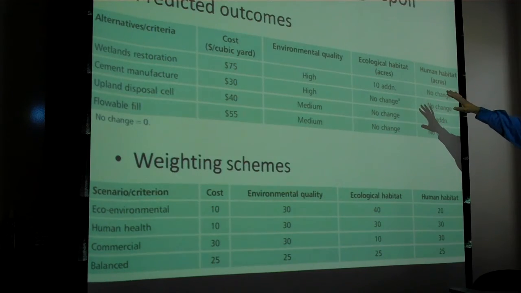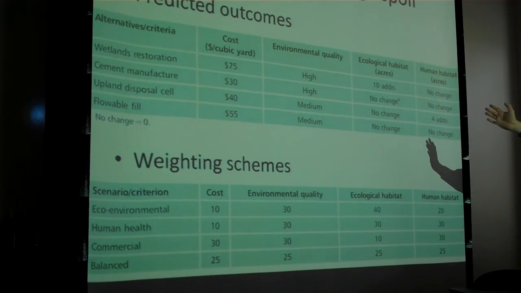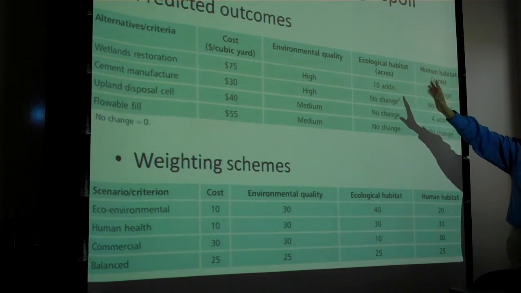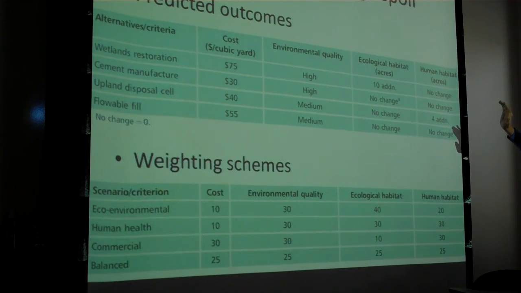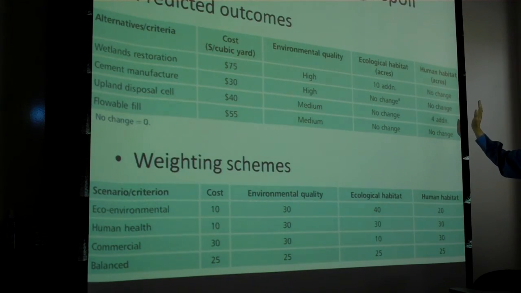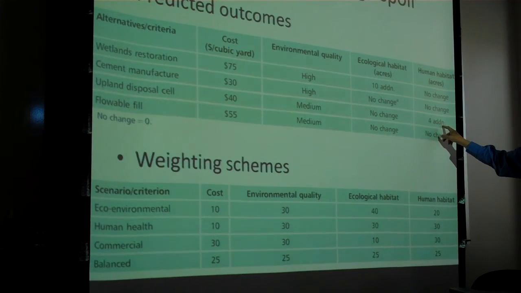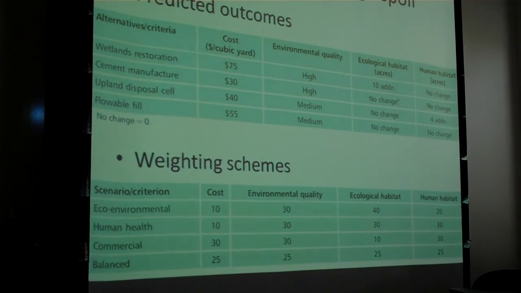The predicted outcomes of these 4 approaches were evaluated on 4 criteria: cost, the resulting environmental quality, whether it adds ecological habitat, whether it adds habitat for humans. I think the idea is that this upland disposal gets turned into a park or something like that.